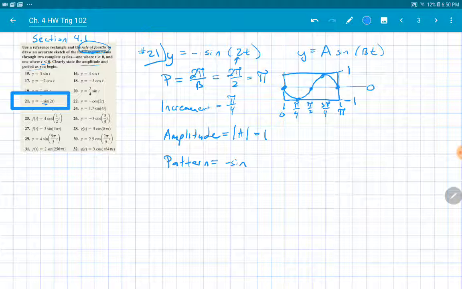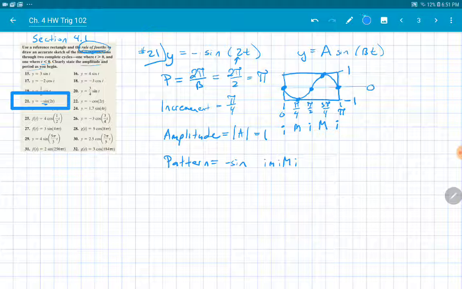So that gives us this pattern of the intercept, the minimum, intercept, maximum, intercept, those 5 points, which is the rule of fourths, splitting that graph into 4 pieces. So my sine pattern is intercept, min, intercept, max, intercept.